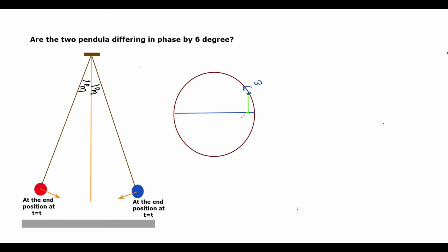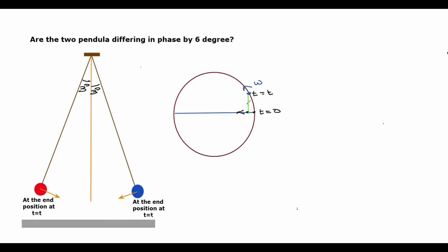The foot of projection moves with variable acceleration, and the motion of this point is actually simple harmonic motion.